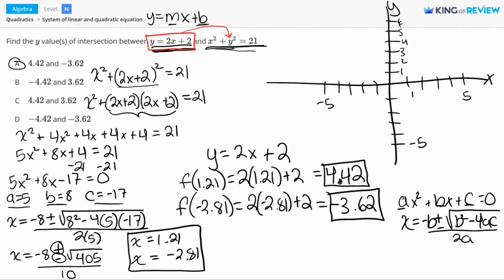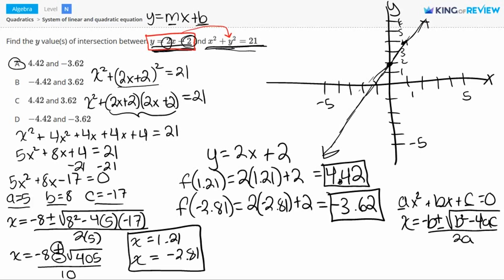I want to plot this line. So we know that 2 here is the b value, which represents the y-intercept. This is where it crosses over the y-axis. So let's put a point there. And this 2 is the m value, which is the slope. We have a slope of 2. This means up 2 over 1. So that would give us a point right about here. So now let's use these points to draw in our line. So here's our line.